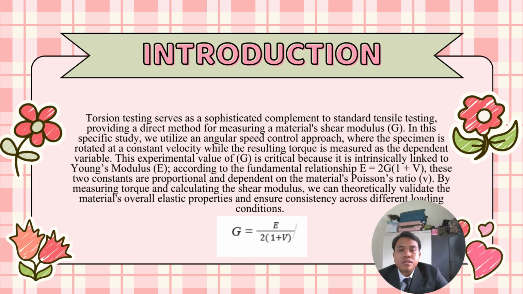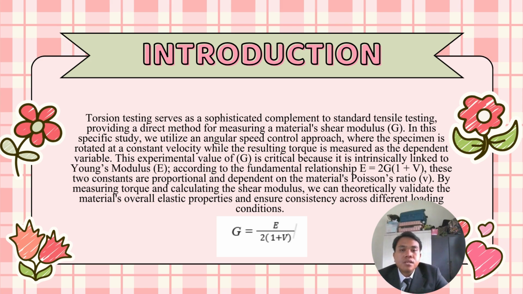For the introduction, while most people think of material strength in terms of pulling things apart, torsion testing gives us a much more nuanced look at how a material actually behaves. By twisting a specimen at constant speed and measuring the torque it generates, we can directly find the shear modulus. Why does this matter?